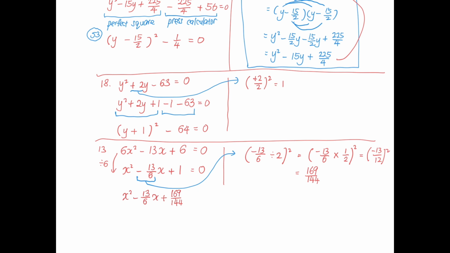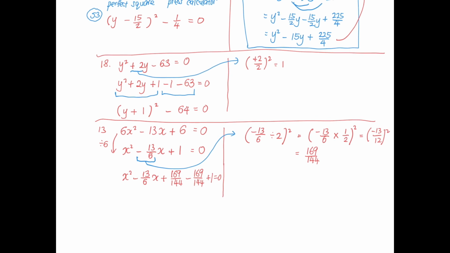So we plus, and after that, we minus 169 over 144. Then followed by the previous number just now. From the previous equation, we have plus 1. We just add two numbers in between, and the plus 1 you write at the back. So we have plus 1 equal to 0.